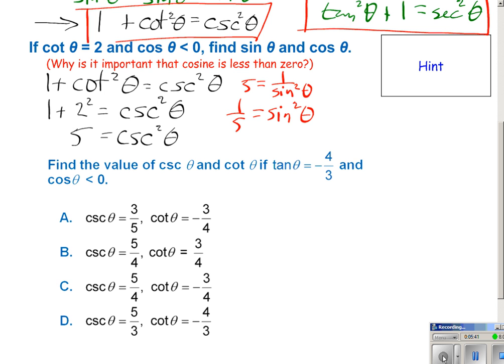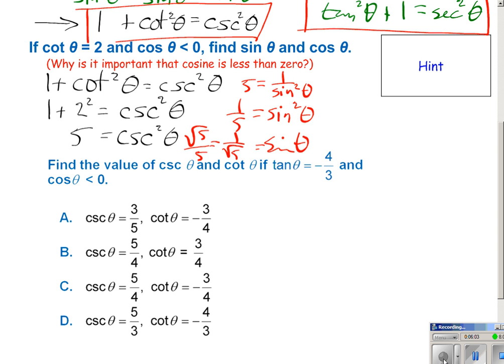Taking the square root, we get that the sine of theta is 1 over the square root of 5, which is, of course, the square root of 5 over 5. So now we have the sine and the cotangent that we were given.